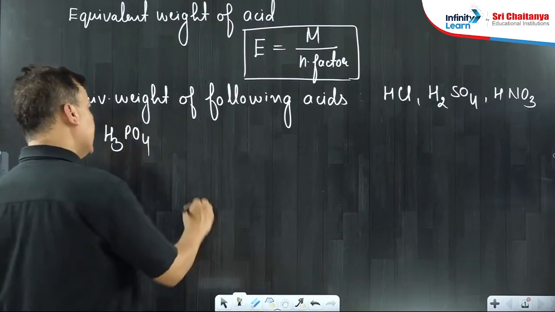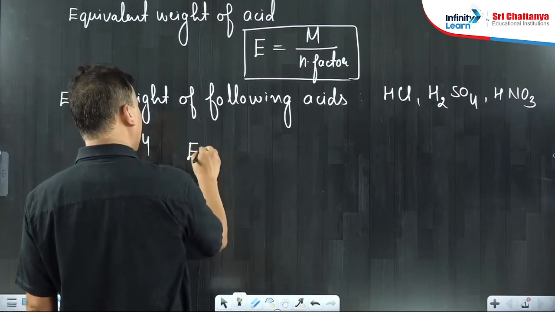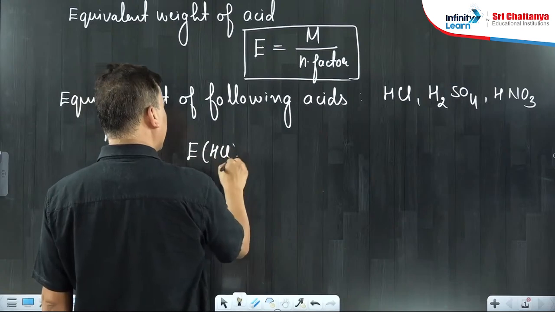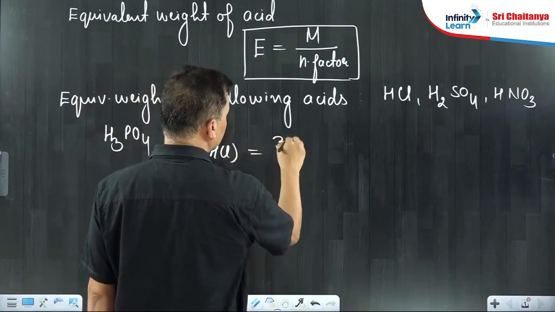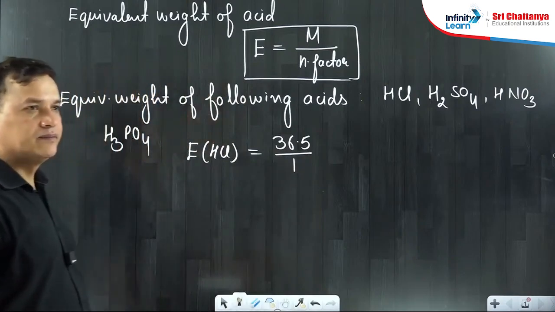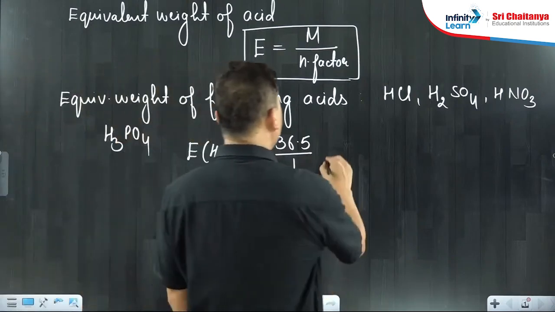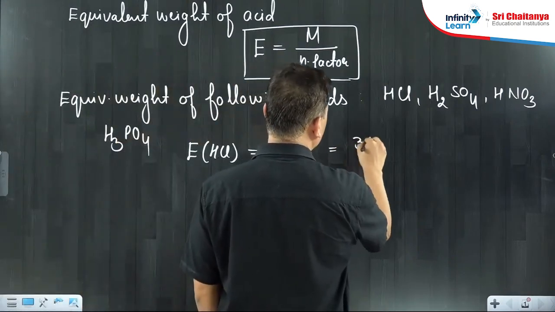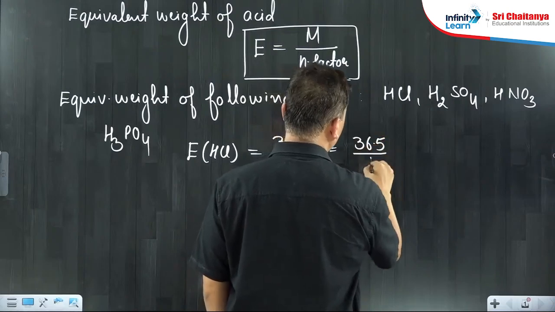So dear student, here is the equivalent weight of HCl. Its molecular mass is 36.5 upon N factor 1. So its equivalent weight is equal to what? That is 36.5 upon 1.